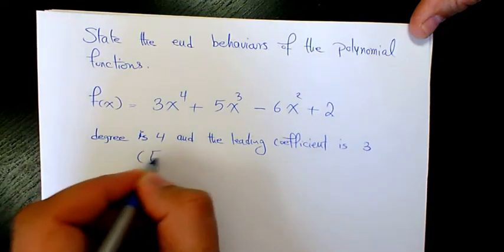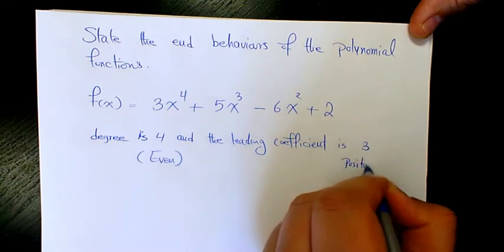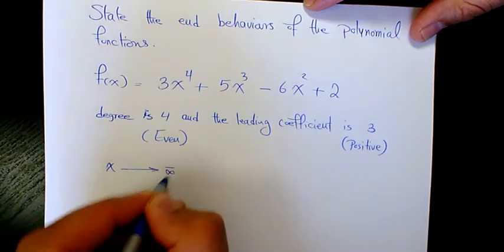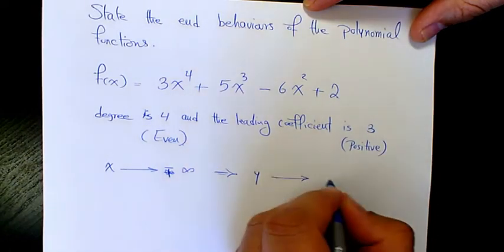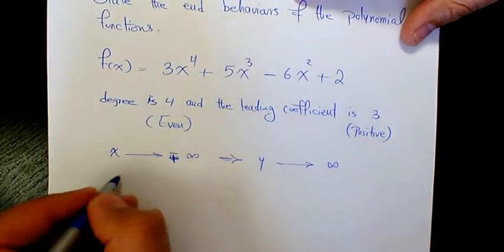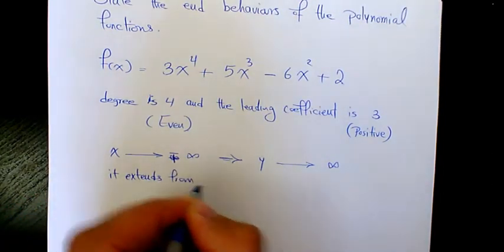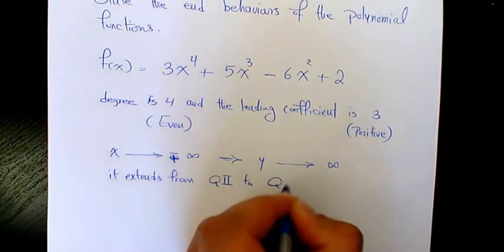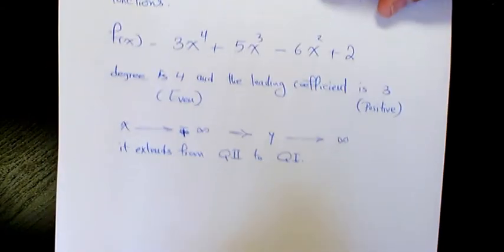So it is an even degree, and we have a positive leading coefficient. It means that as x goes to negative or positive infinity, y goes to positive infinity. So it extends from quadrant 2 to quadrant 1. That's basically the end behavior of this polynomial.